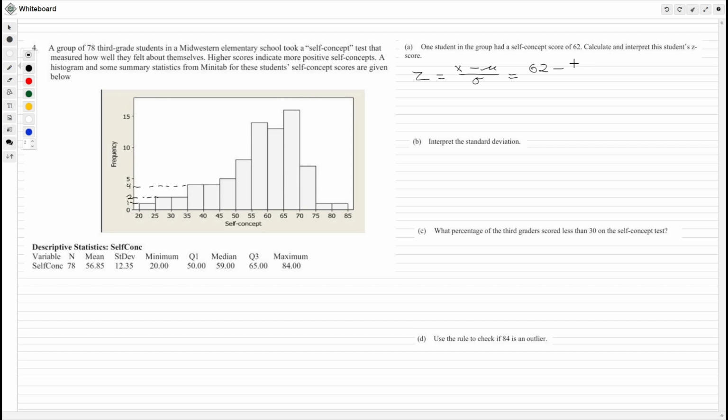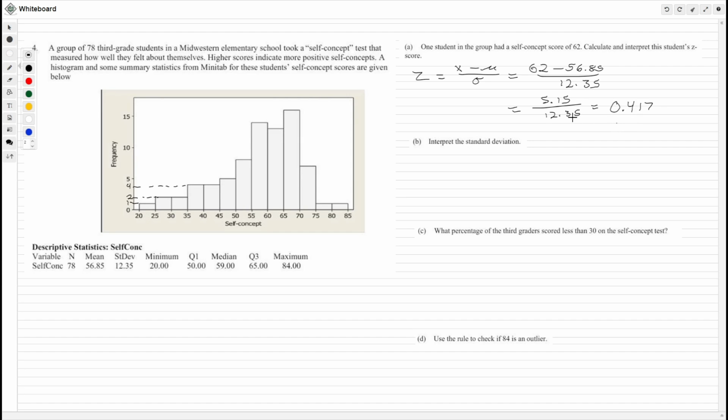Our mean is given in the summary at 56.85, divided by the standard deviation of 12.35. Subtract up top, that's 5.15 over 12.35, which gives us the answer you'll see in the key, 0.417.